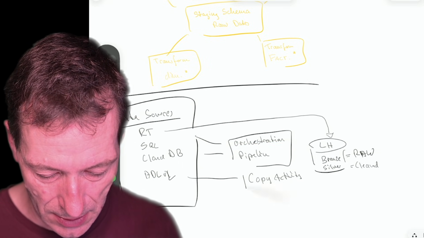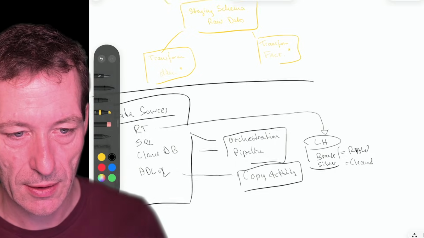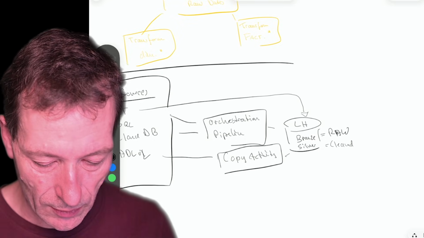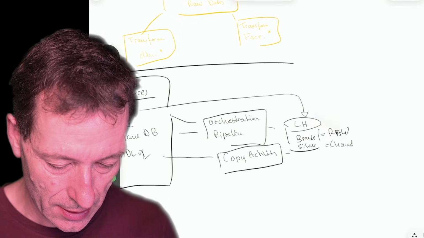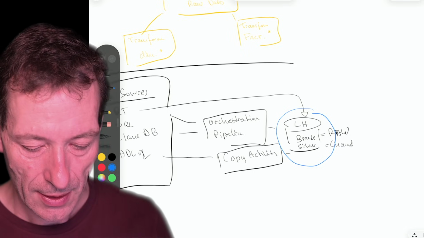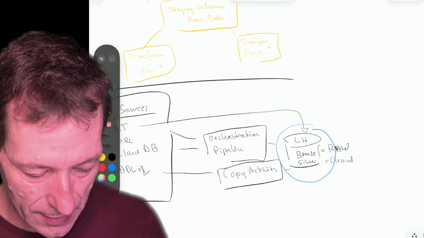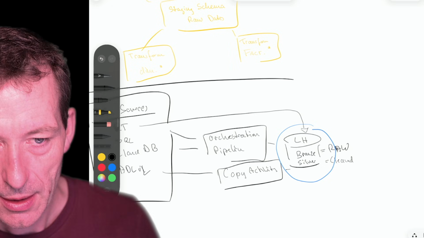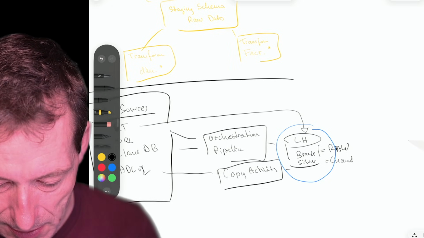So that's a different activity. So all this went into your Lakehouse as bronze and silver. And from there, you want to move all that stuff finally in your enterprise warehouse.